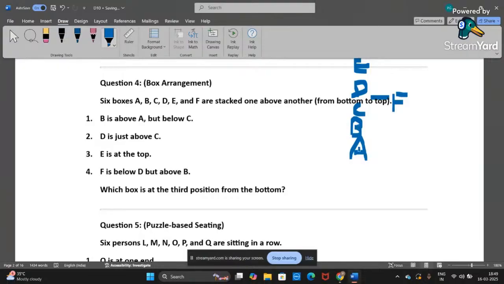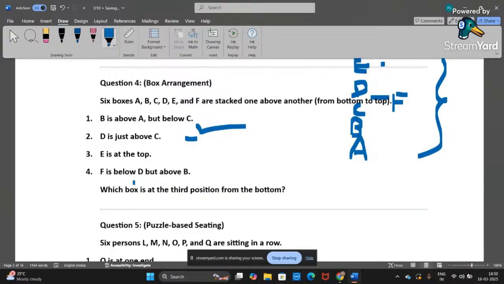B is above A, but below C. Yes, this is right. So this is satisfying all the conditions. D is just above C. E is at the top.